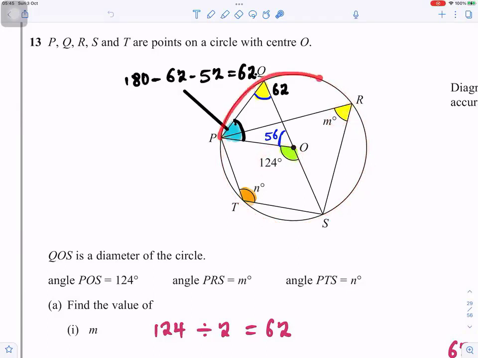The circumference is going around, and the angle at the circumference is half of the angle at the center. So 124 divided by 2 gives you 62.